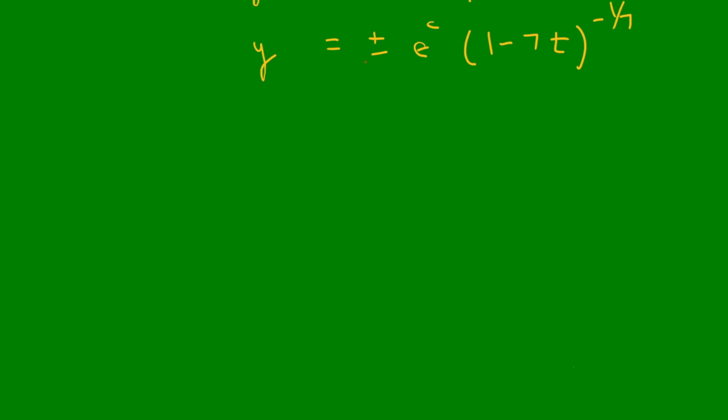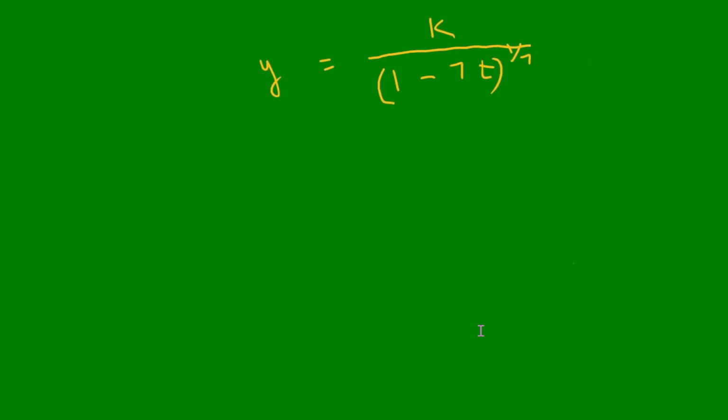So we'll let k be that constant. So the plus or minus gets absorbed into a new arbitrary constant. So what we end up with is y is k over 1 minus 7t quantity to the 1/7.